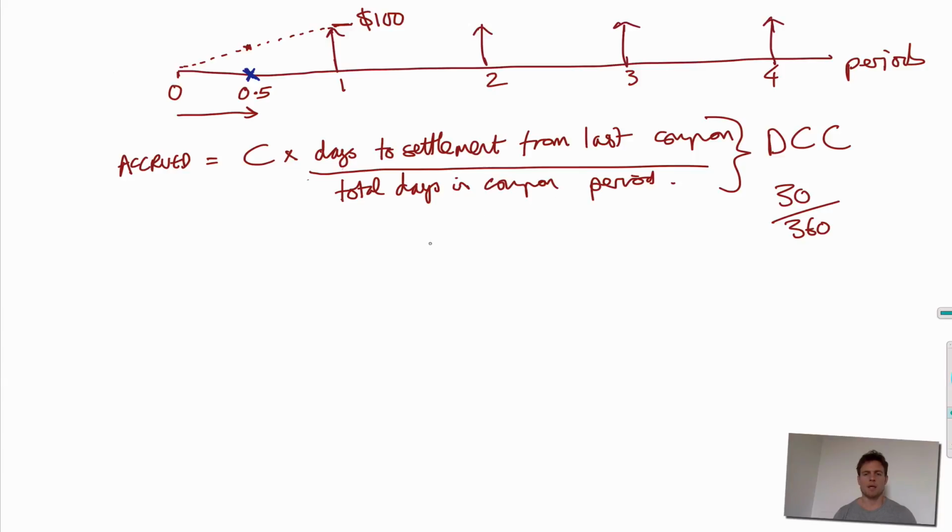Now, how is this important? I spent quite a while, when I first learned about this, trying to get my head around the concept of the buyer compensating the seller with accrued interest that the seller has actually accrued, right?